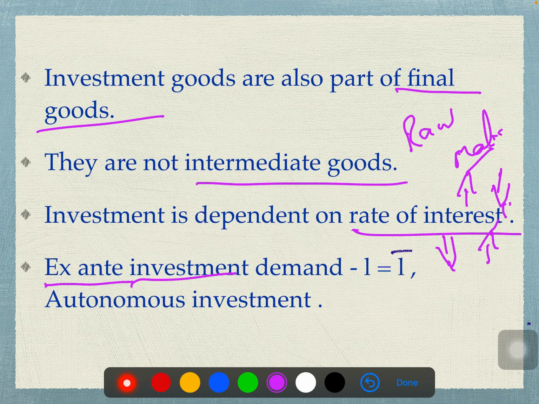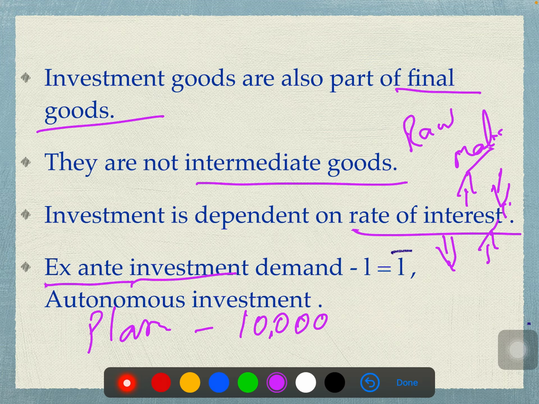So in this particular topic, the investment function, we are talking about ex ante investment demand. Ex ante investment demand means we are not talking about the actual investment, we are talking about what we have planned first. For example, I planned for investing 10,000 rupees.